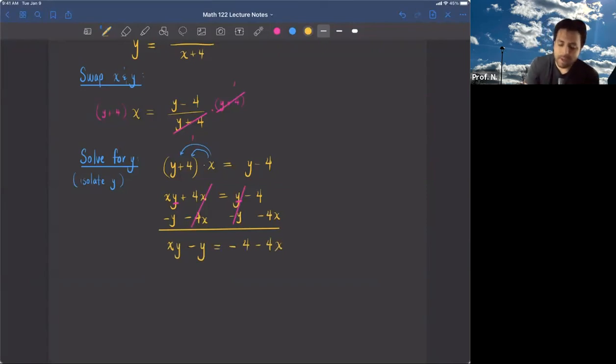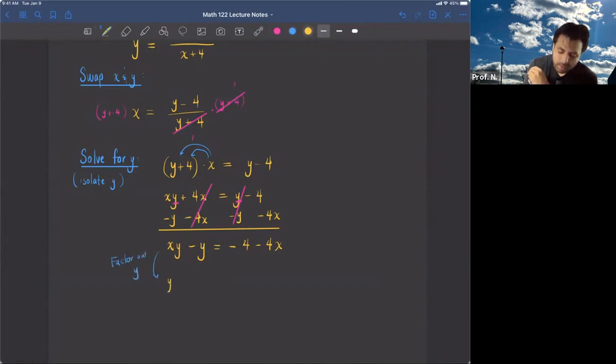And now look what I have. I have all the y's on the same side of my equation, but I still want to get all of them bunched up together. I want to combine. I want to get just one y, not xy minus y. So in order to do so, I must factor out the y's. So let me factor out y, because I can do that.